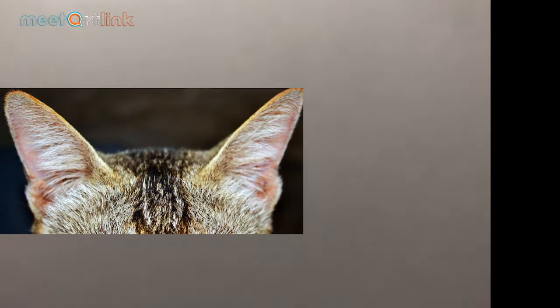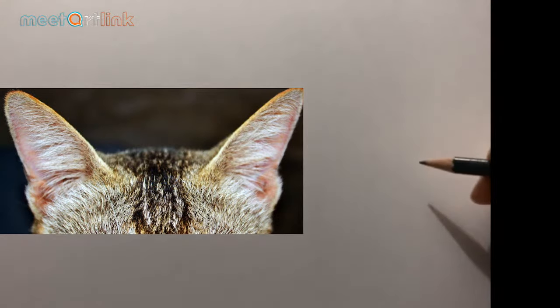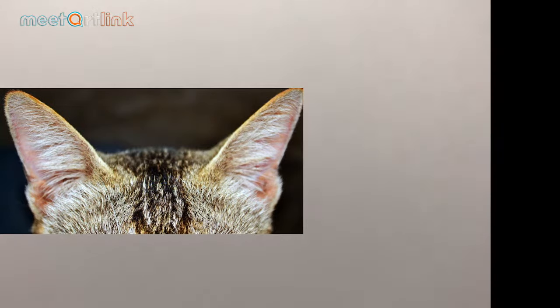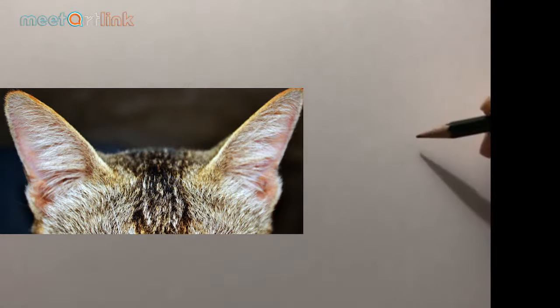Let me just zoom in a bit. If I would approach this without really looking at it a lot, I would say, okay, I need to just draw the hair. So then I would do something like this.